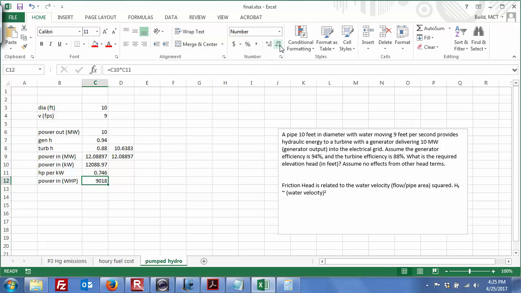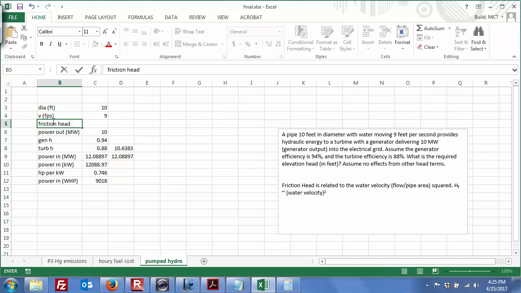So now we do have to work backwards and figure out the losses. So friction head is related to the water velocity squared. Friction head is flow over pipe area squared. 9 feet. What are the units on friction head?